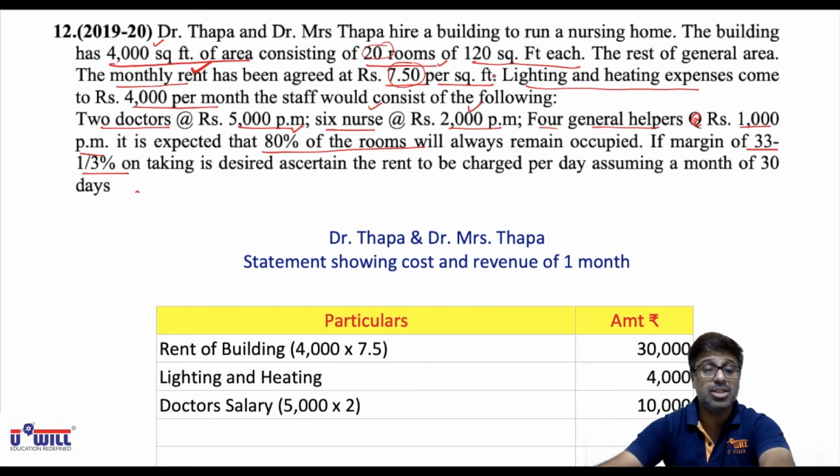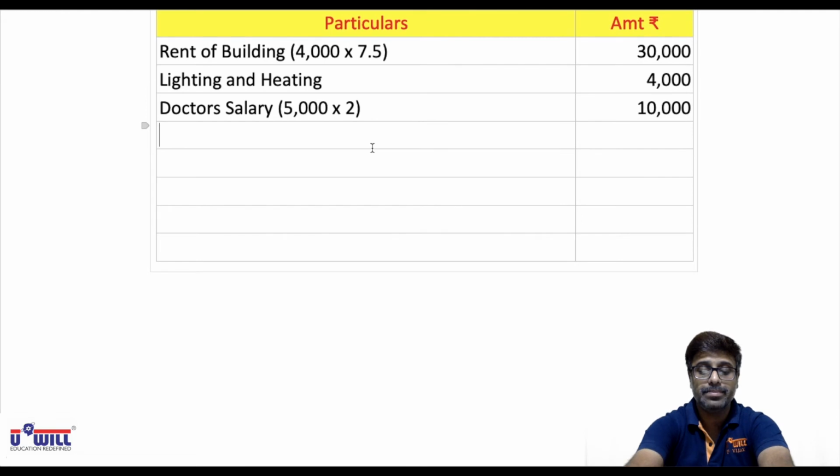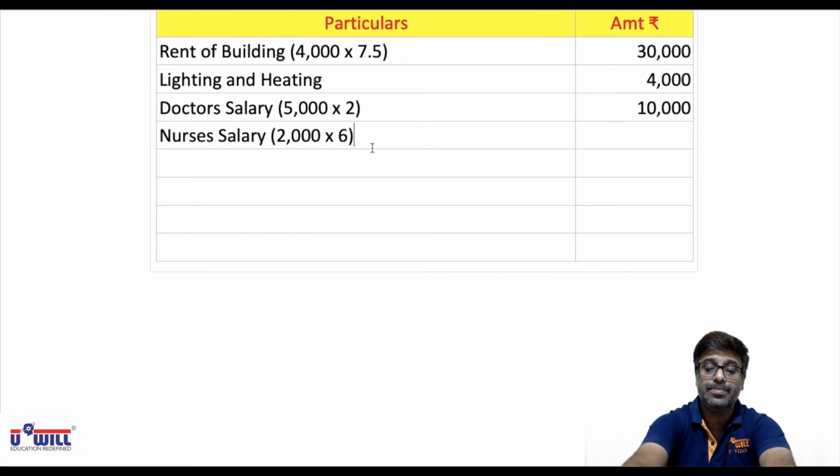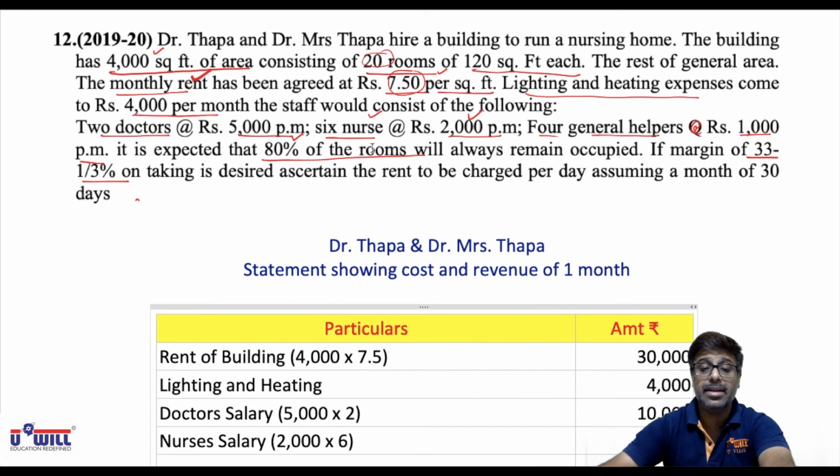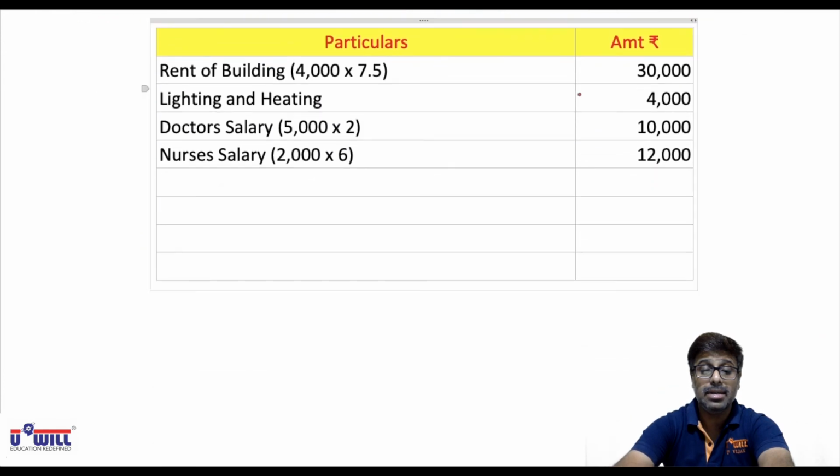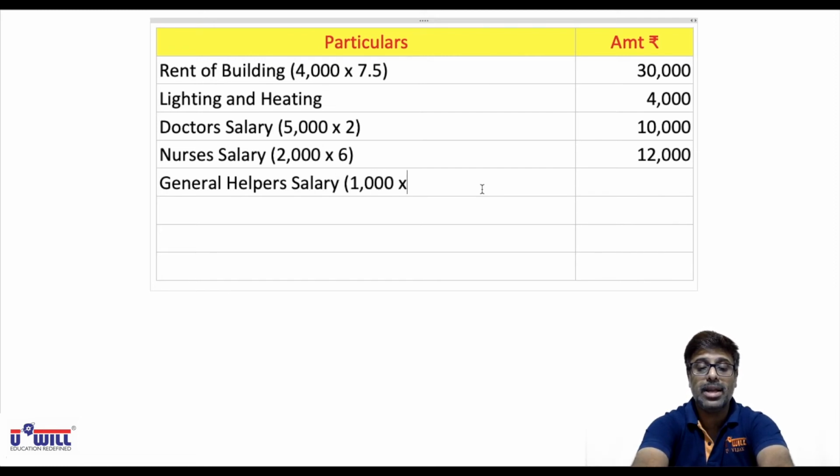So 2,000 into 6, 12,000 nurses' salary. Then after the nurses' salary, we have 4 general helpers at 1,000. So general helpers' salary, 1,000 into 4 helpers, that is 4,000. Now we'll get the total cost.